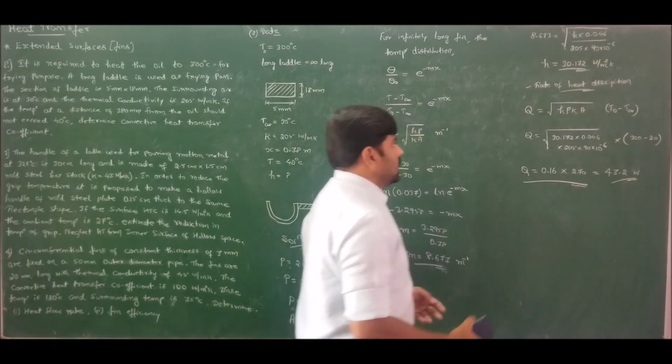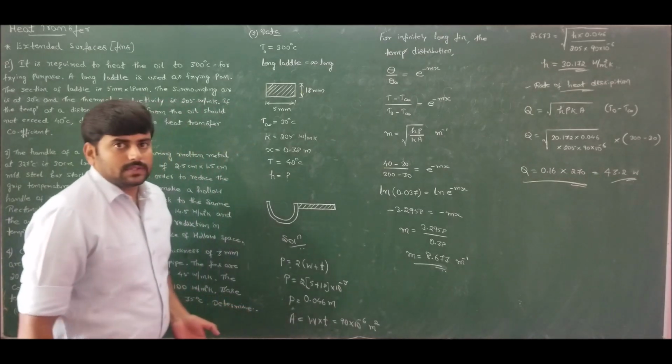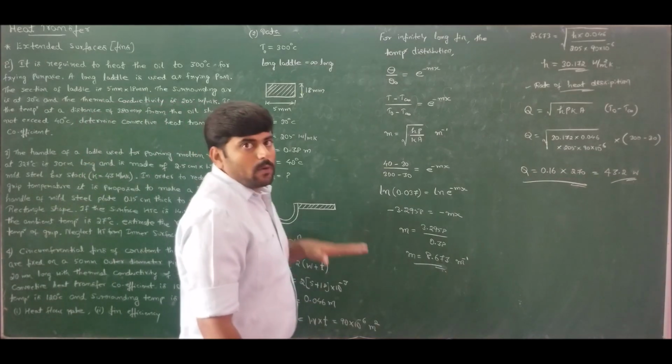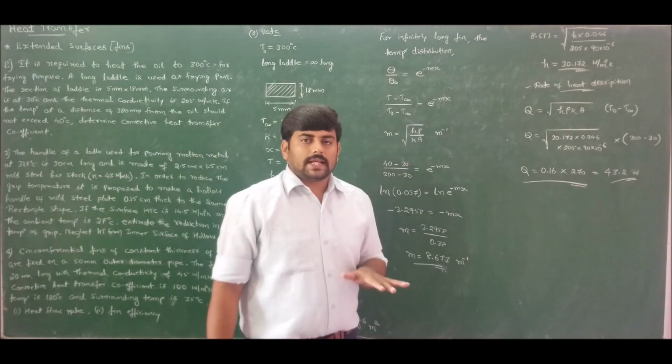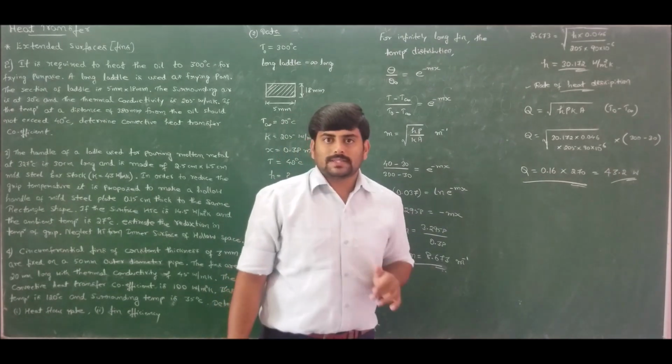So this is the rate of heat transfer for the given data. Let me pause this video for a while so that people can copy it down. Later we will solve problem number 3.